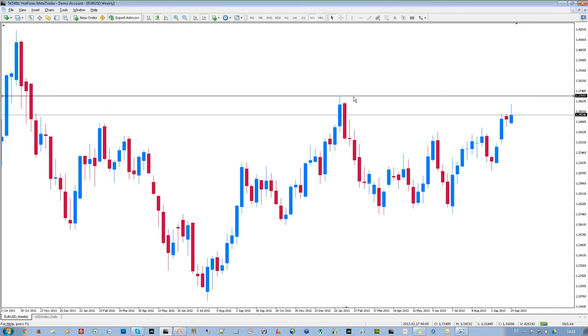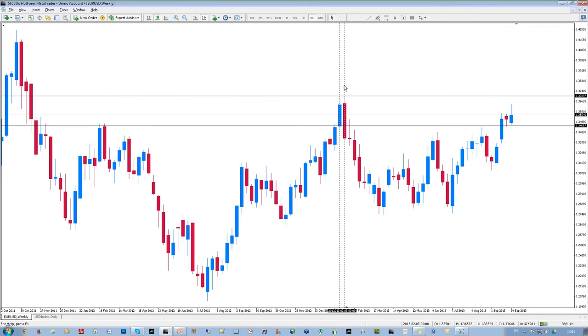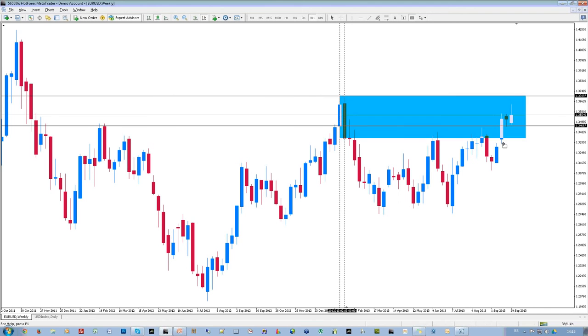Because we have this vertical line, this is the biggest, this is the first leg, second leg, this is the whole first leg, second leg, this is the highest high, and this is the basing candle. So this is the level. So now we are bouncing off weekly supply. If we are bouncing from a weekly supply area, we shouldn't be allowed to keep on buying. Okay, we should be looking for shorts.